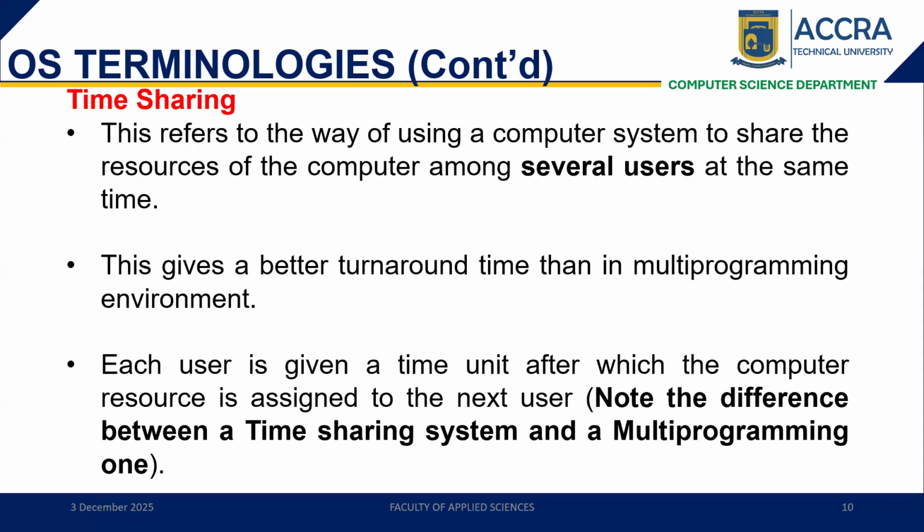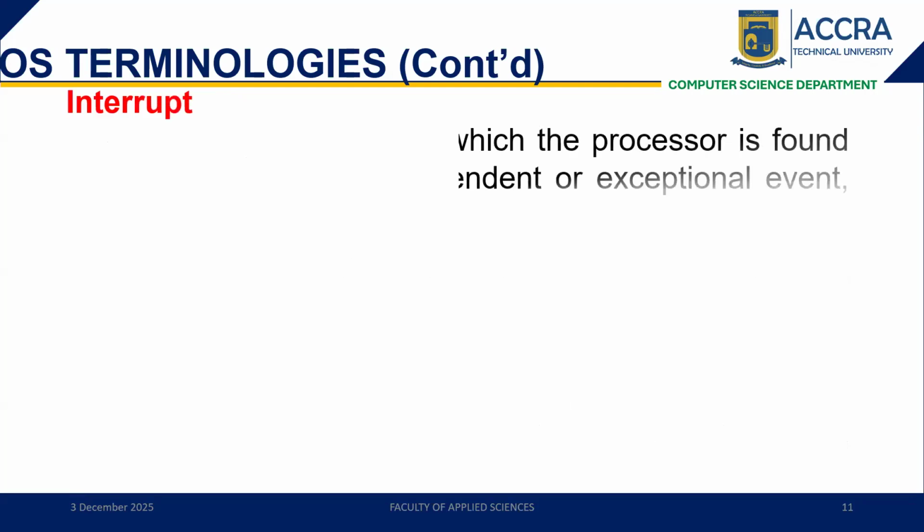Each user is given a particular time unit, after which the computer resources are assigned to the next user. So multi-programming is normally for one person, where you have multiple programs open. Time sharing is for several users. So it means several users that are connected to one main computer, but they can do different things at a go. That is it.